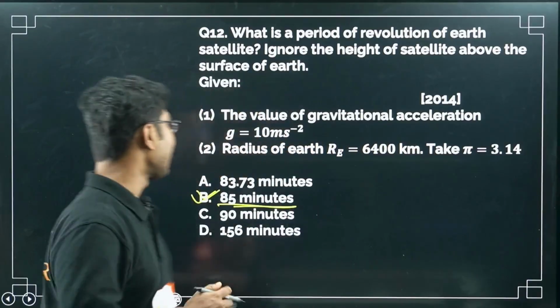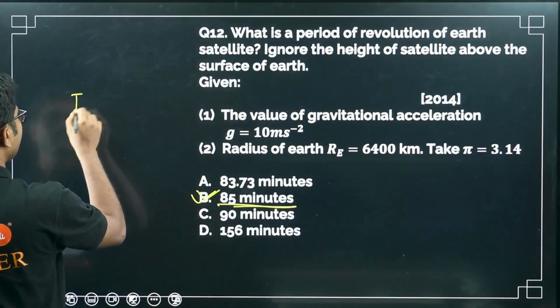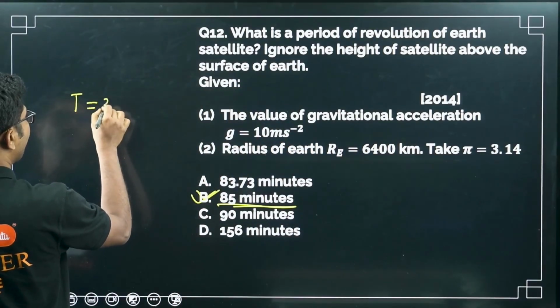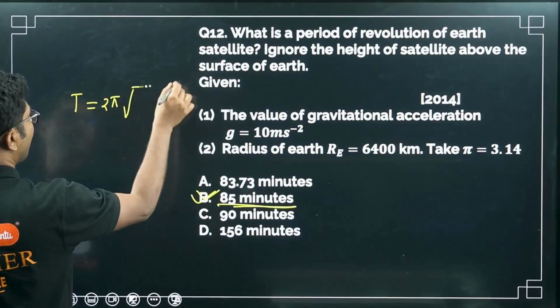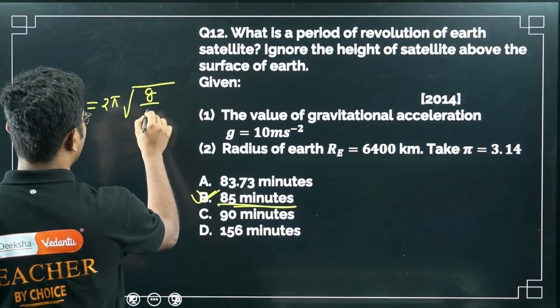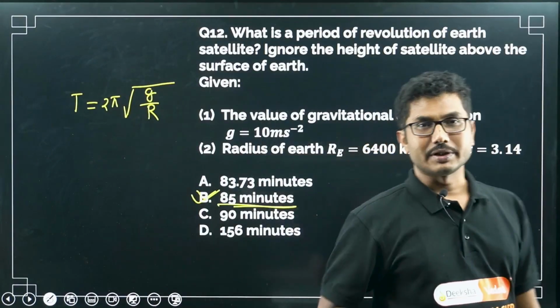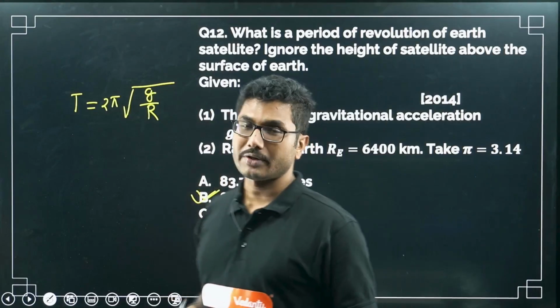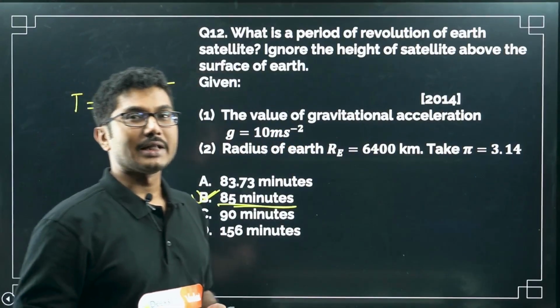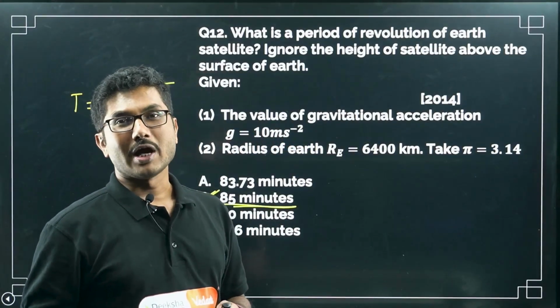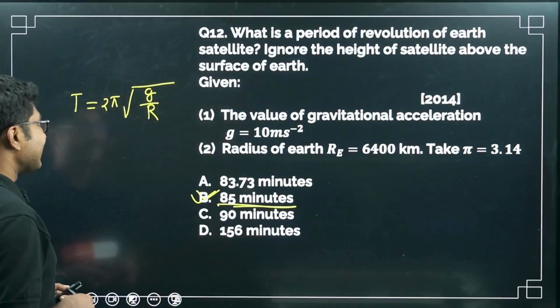The formula for that is T equals 2 pi square root of R by g, right? It is not g by R. Yes, it is R by g. You can use this formula to calculate the time period. Put the values given in the question. You will get the answer in seconds, and you have to convert it into minutes before answering.